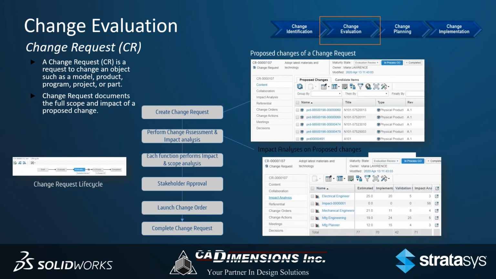Each group in the organization is going to look at how the proposed change affects them and do an impact analysis. And then there's approvals. If a change request is approved, that becomes the next step, which is change planning or change orders.